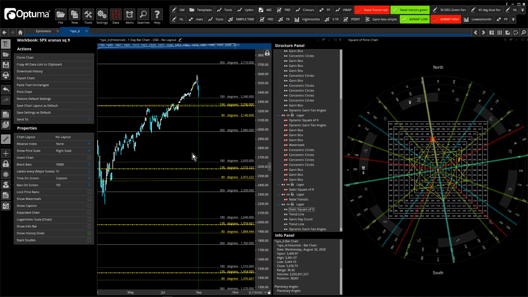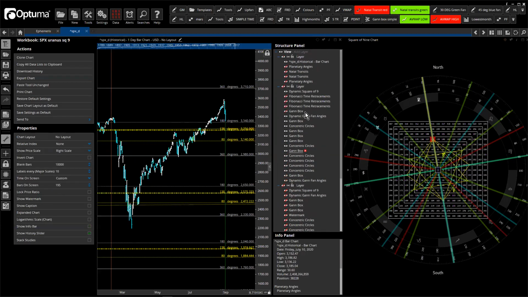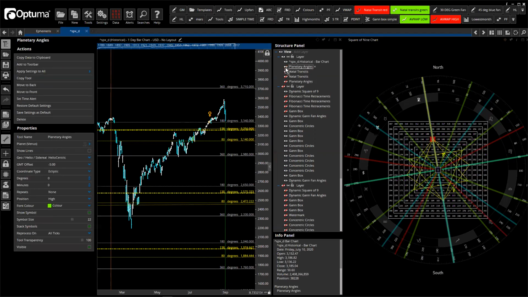Okay, so now that we are looking at also heliocentric Venus, you're going to realize immediately, look at here. I've got it set to count planetary angles. Before I was counting heliocentric Venus or Uranus, but this is actually only 1 degree. We're not counting each degree of Venus here.